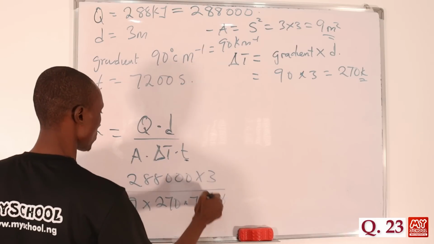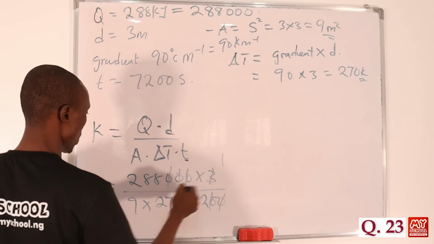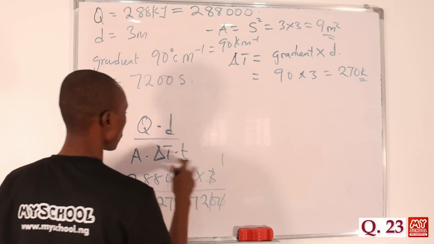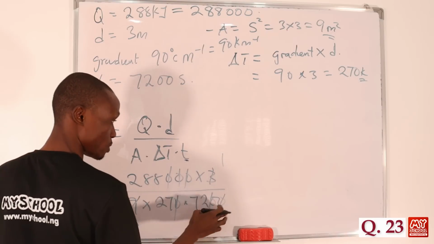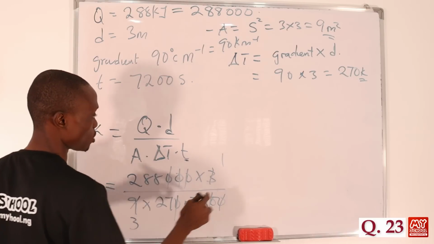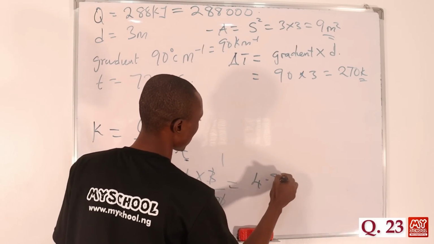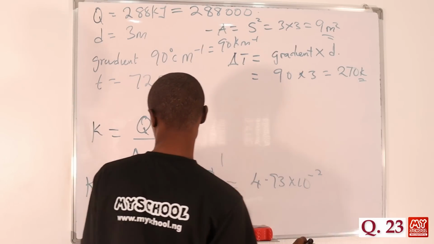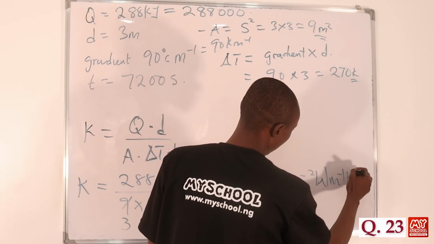So we cancel the zeros, and the 3 here is 1, the 3 there is another 3. Multiplying the numerators and dividing by the product of the denominators, we get approximately 4.93 times 10 raised to power minus 2 watts per meter per Kelvin.